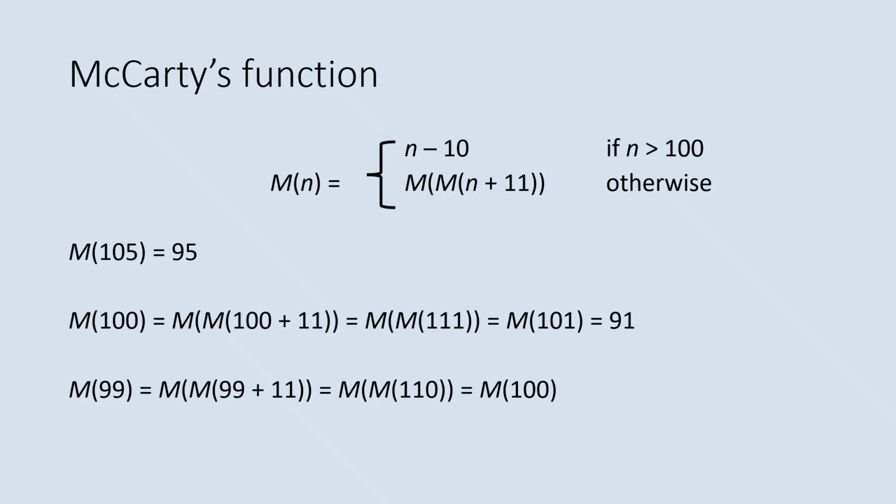All right, but M of 110 is 100, so M of 99 is the same as M of 100. Now, if we had not calculated M of 100 already, we would go through the process and keep going to get to the value. But we have it written down right above there, so we use this memoization process and look back there and say, oh, okay, well, M of 99 is also 91.